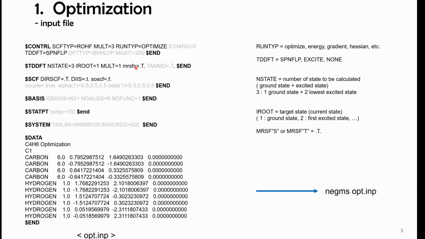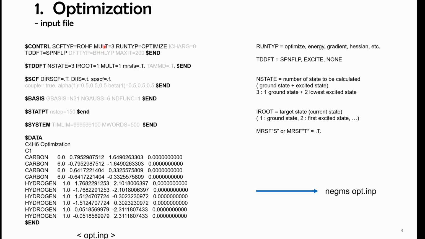MRSFS equal true at the same time means control multiplicity equals 3. Both keywords mean the same. MRSFS means multiplicity 3 in control.